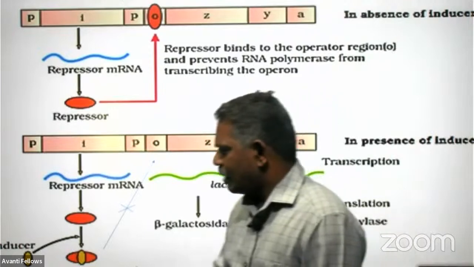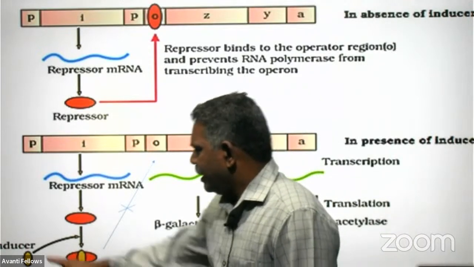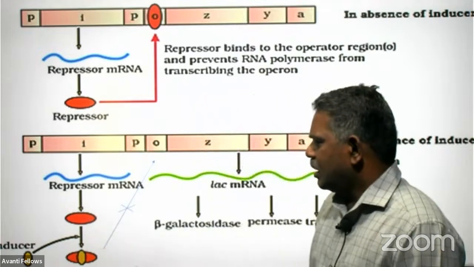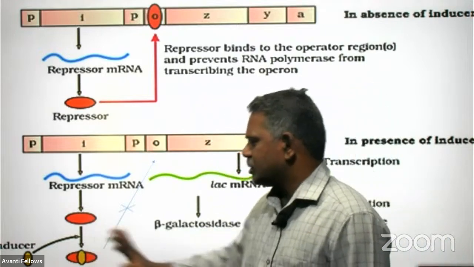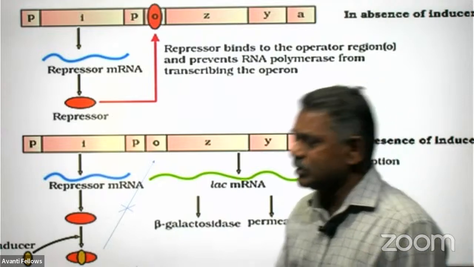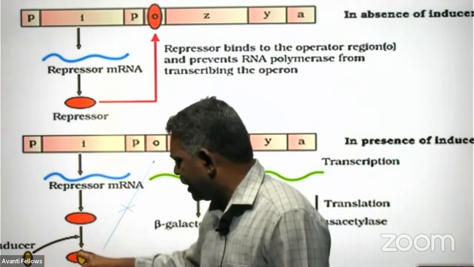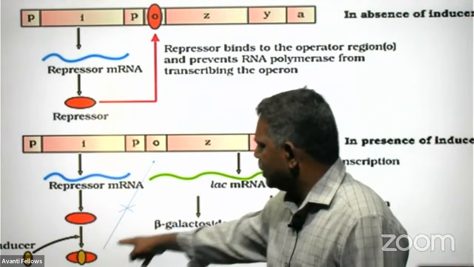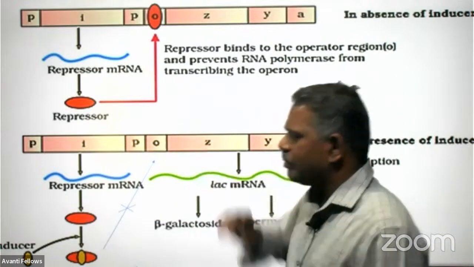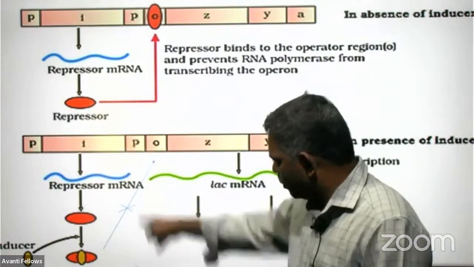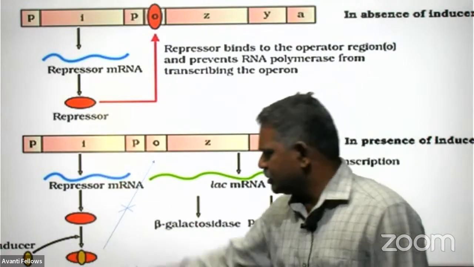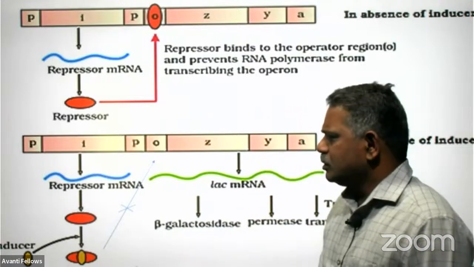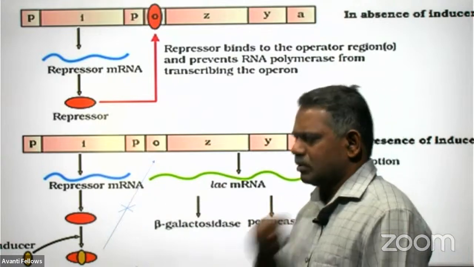So after the entry of lactose, it binds with the repressor protein and inactivates it. The inducer, lactose, binds to the repressor protein and inactivates the repressor, so it never goes and binds to the operator. It never binds to the operator because it gets inactivated due to the binding of the inducer lactose to the repressor protein.